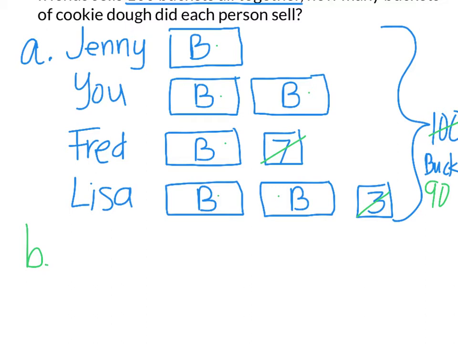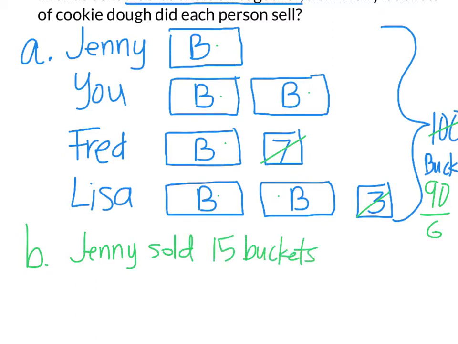Well, basically I'm dividing 90 by the 6, and that gives me 15. So I know that Jenny sold 15 buckets of cookie dough. You sold twice that amount, so 2 times 15 is 30 buckets.